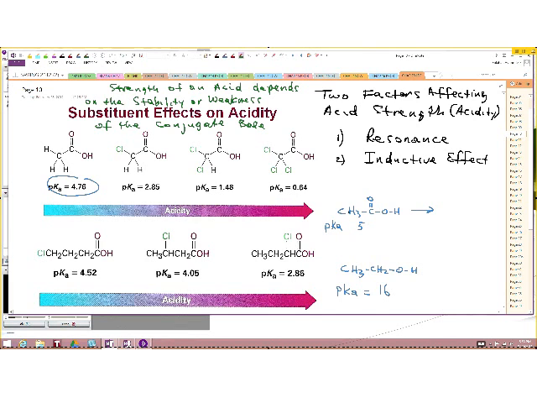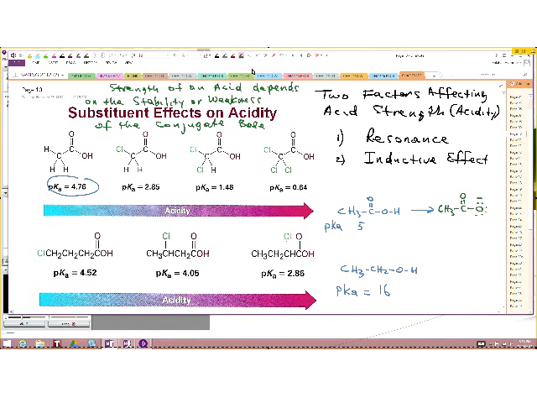Okay, so let us take a look at this. Take a look at carboxylic acid, acetic acid. If we lose this proton here to form this, what you obtain when you lose the proton from an acid is what you call the conjugate base.